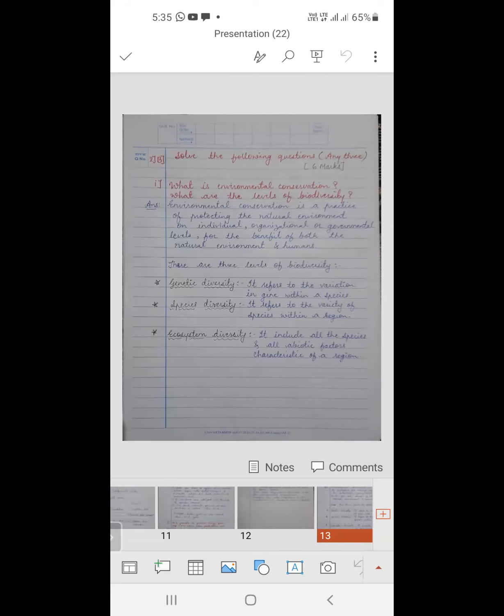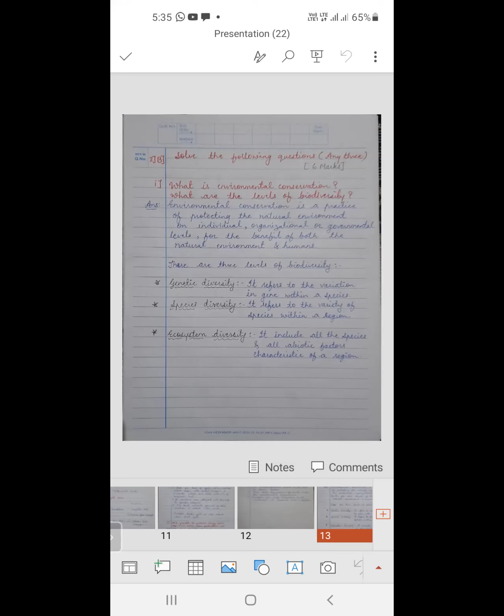These are the three levels by which we can conserve our environment. And we conserve it for the benefit of both our environment and we humans, both are protected due to environmental conservation.